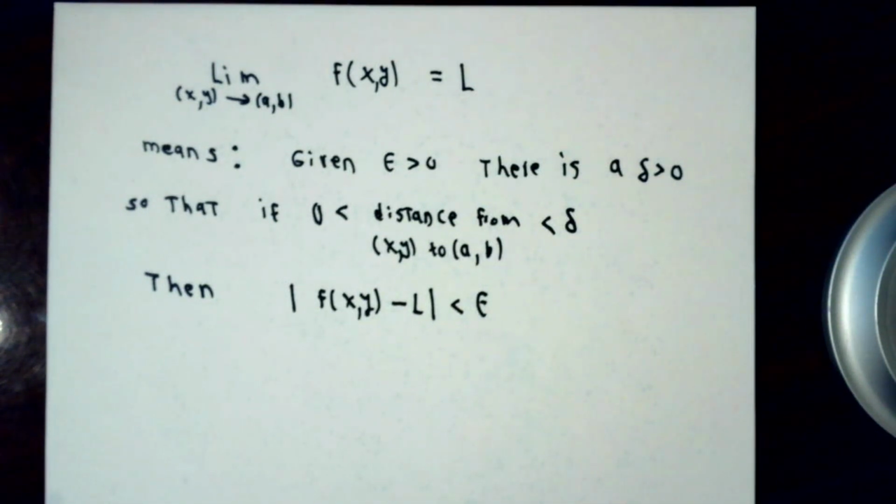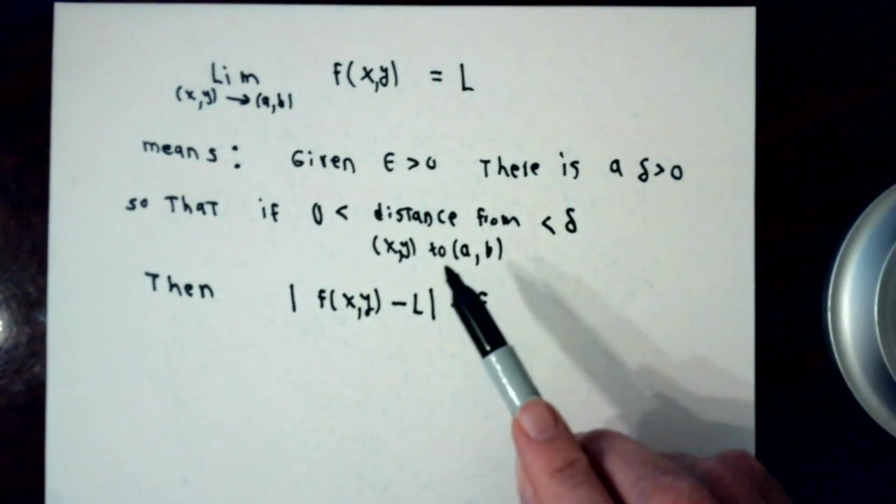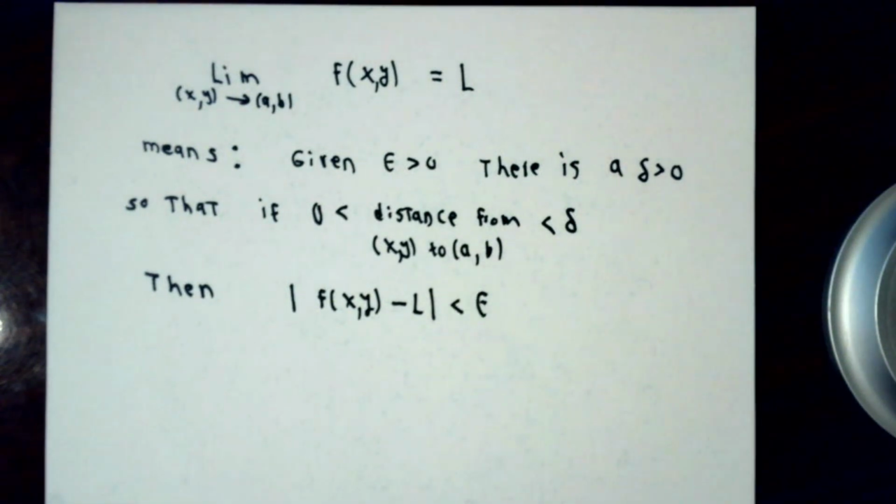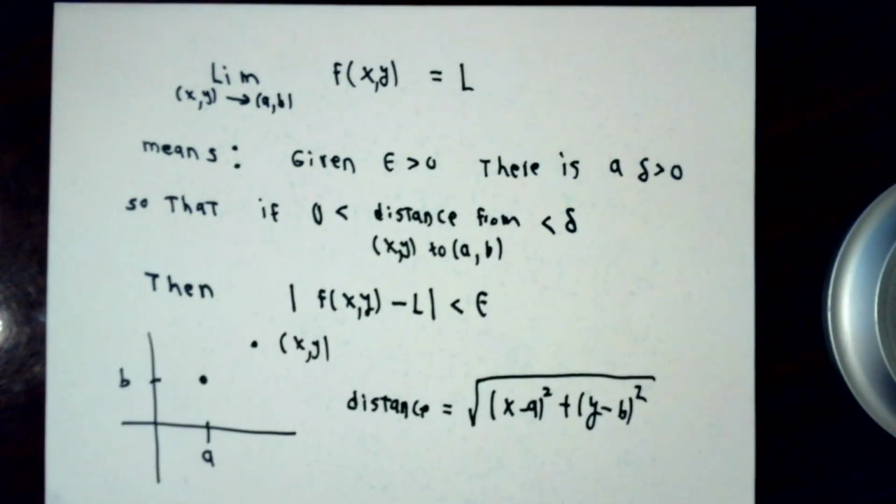This is exactly the same idea we had before, except there are two variables in my functions now, and I have to think about this distance business. But that isn't going to be a problem.